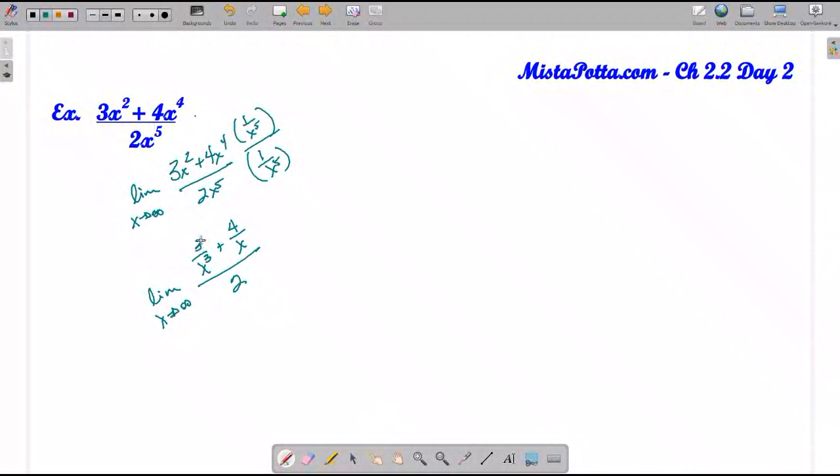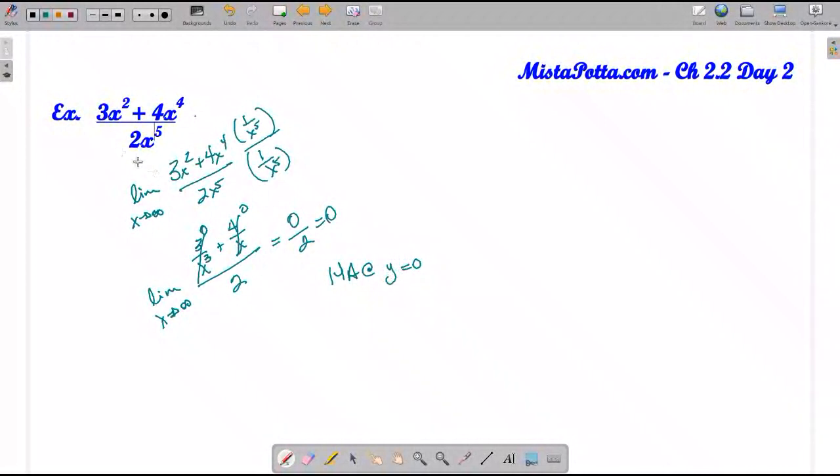And looking at this, this term goes to 0 by the parent function behavior, as does this. So I have a constant of 0 over 2, which is 0. And so this is the situation where we'd have a horizontal asymptote at y equals 0.